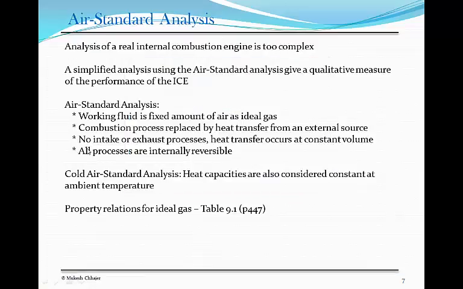And then we are assuming that all processes are internally reversible, which again would make our life a little easier. We can also do what is known as cold air standard analysis, where even the heat capacities are considered to be constant. And you know that properties of the ideal gases are given in this table.